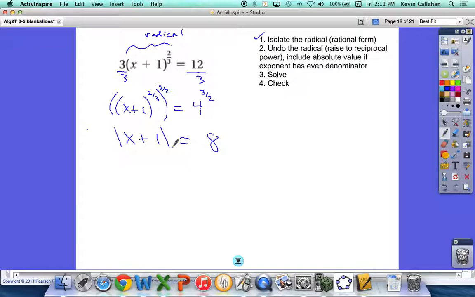That's what that means. Let's read it up here again. Raised to the reciprocal power, include absolute value if the exponent has an even denominator, right? If that exponent has an even denominator, that means that one right there. And because it did, we had to use absolute value.